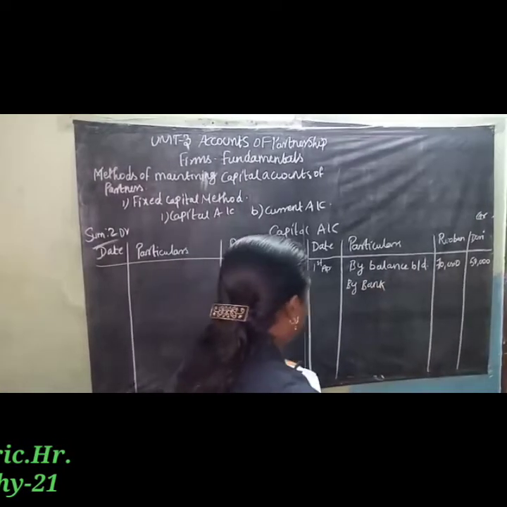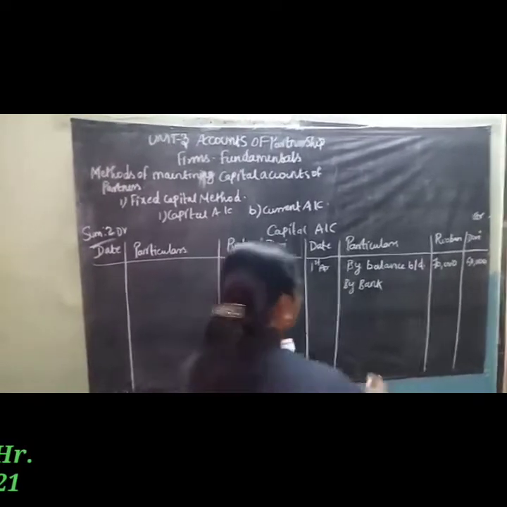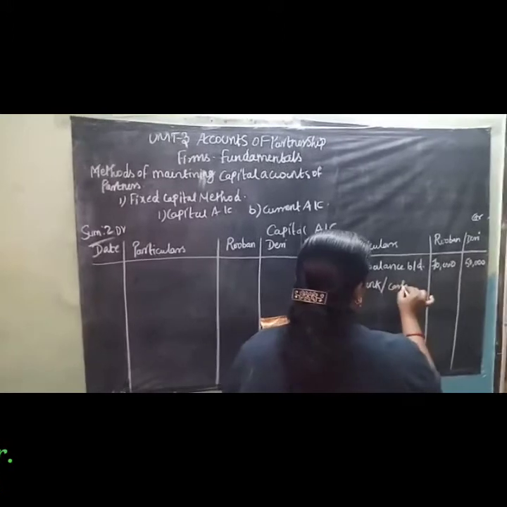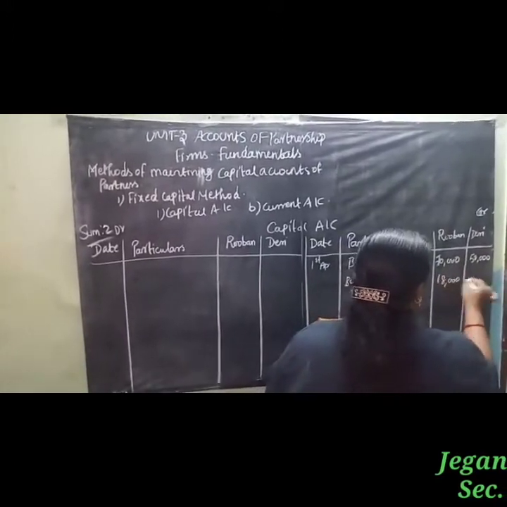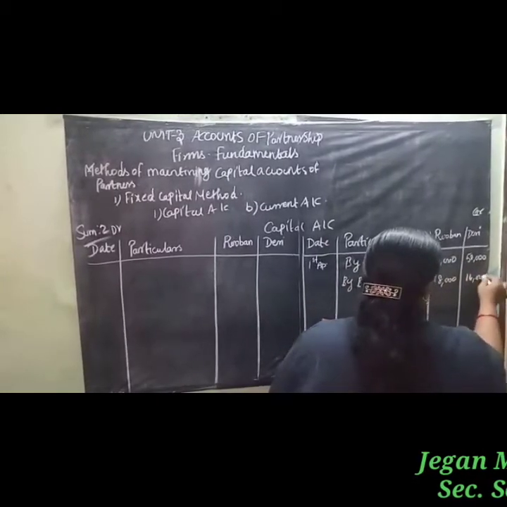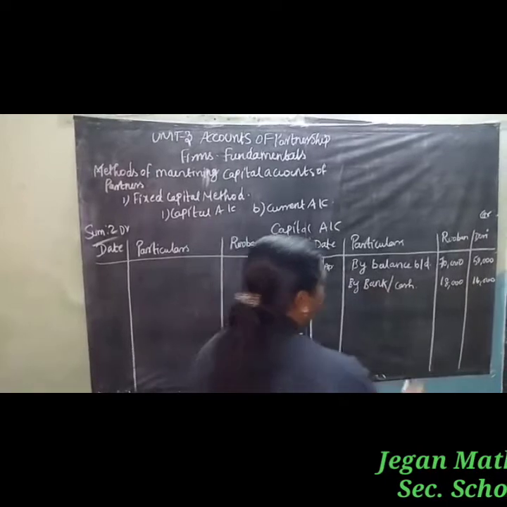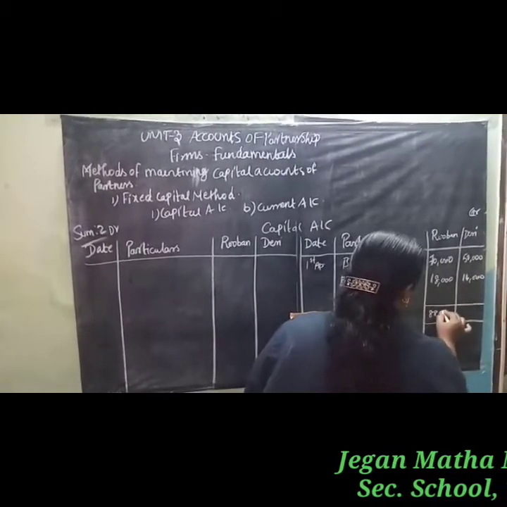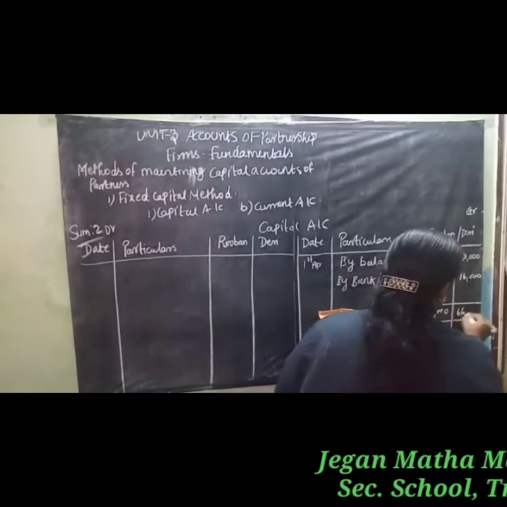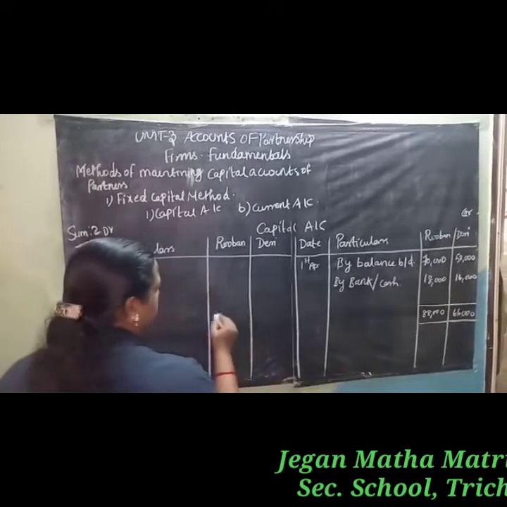The journal entry, as you know, is bank account debit to partners' capital. We can use cash or bank. So the capital introduced is 18,000 and 16,000. Then the credit side total is 88,000 and 66,000.